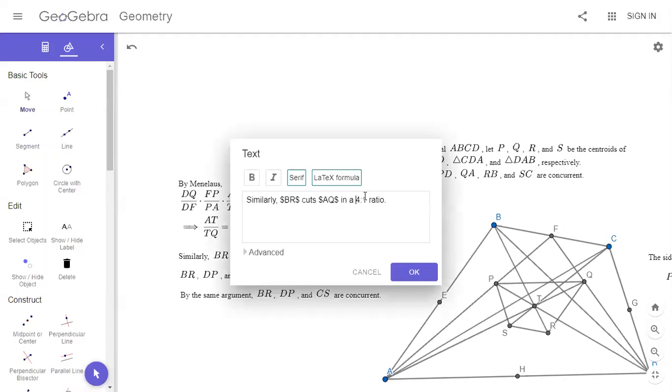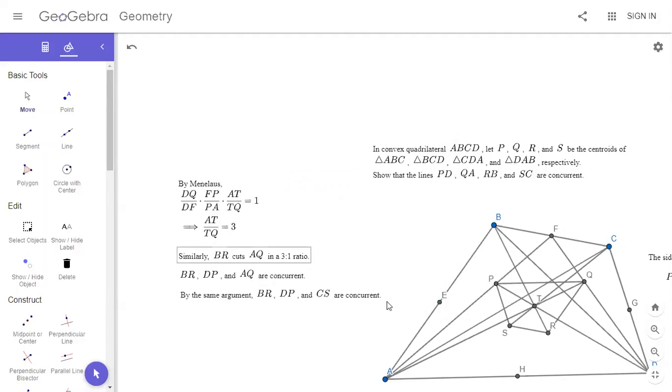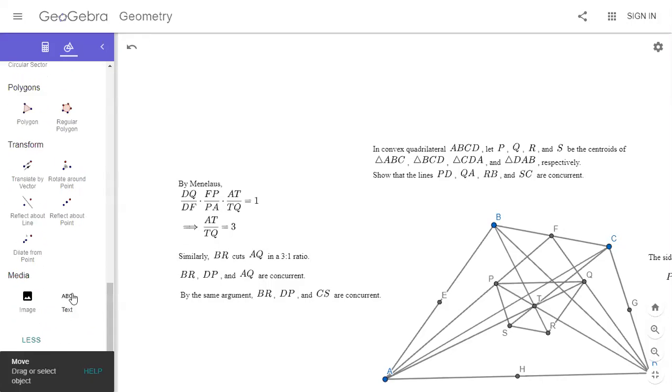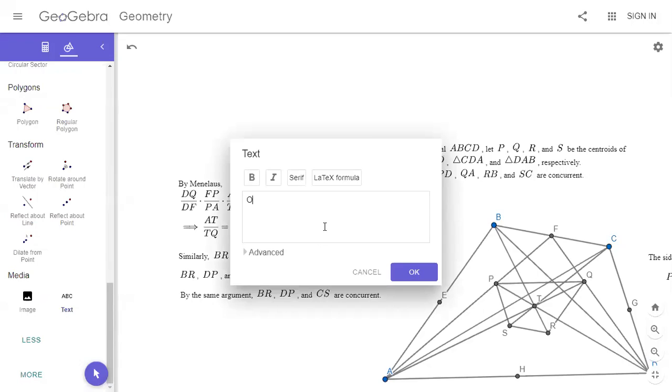But yeah, he did it without using Menelaus. You don't have to use Menelaus because you can just use DAT to show that. So you don't need Menelaus. There's no need to use it. All right.